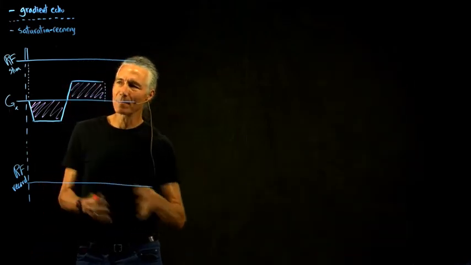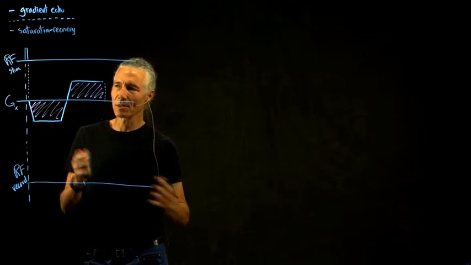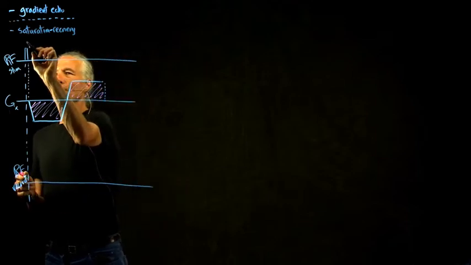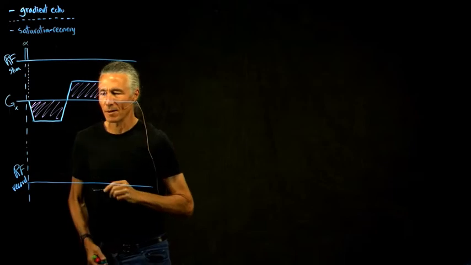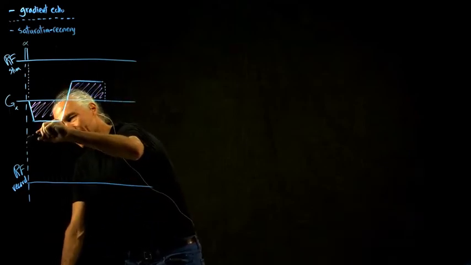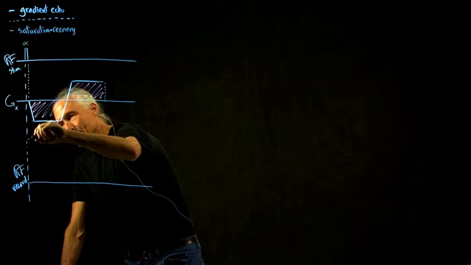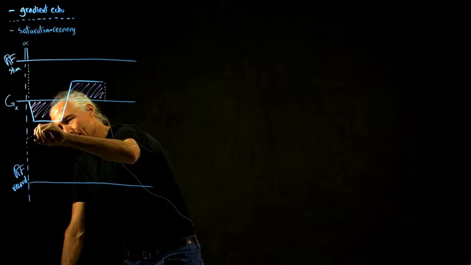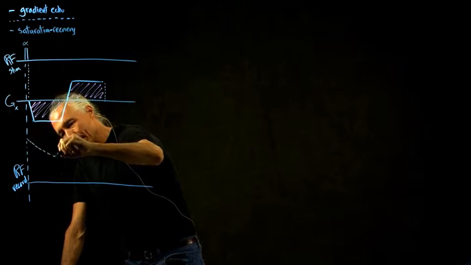Just like what happens if you don't do anything, just an RF pulse, here's an alpha RF pulse, some random angle RF pulse. What you would get is T2 star decay, and that would be something like this.